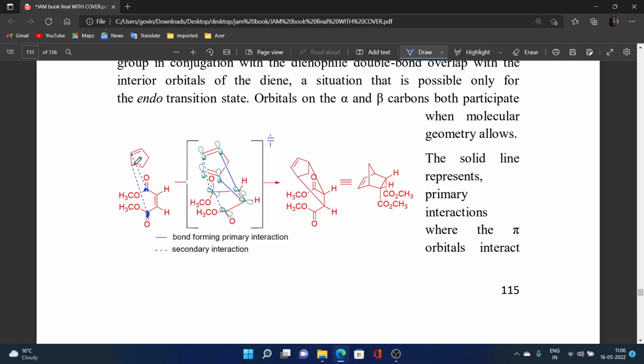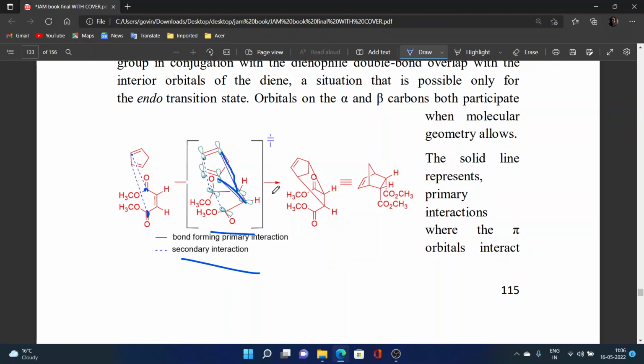So because of this interaction, wherever bonding is there, energy is released. So it makes the transition state more stable. So see here, the solid line which I have made is what is forming the bond, right? And these two are secondary interactions, which are making the reaction faster, making the intermediate stable, and therefore kinetically favored, and therefore this attacks here.